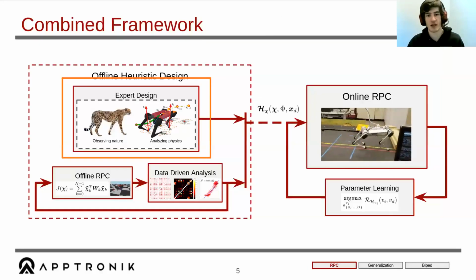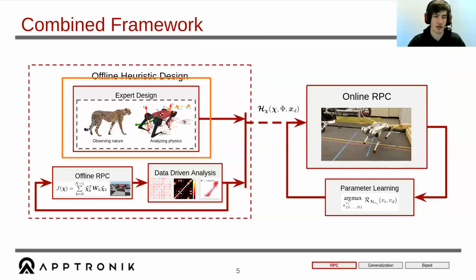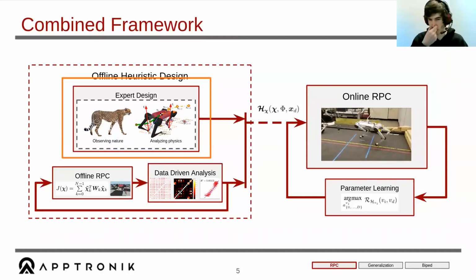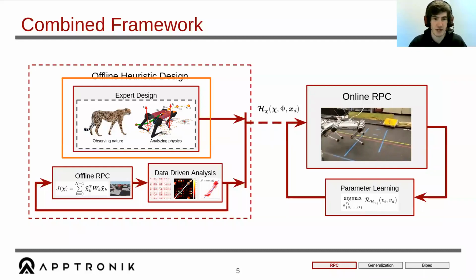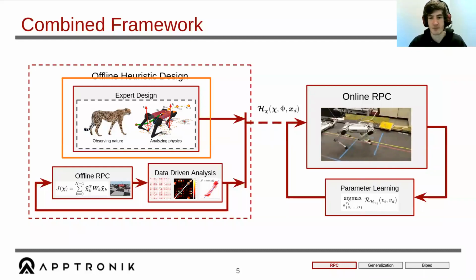So this is the combined framework that I came up with during my time as a PhD student. It takes into account offline heuristic design with parameter learning online.